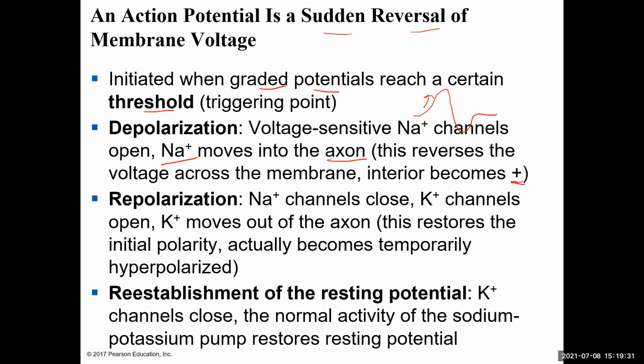After that happens, you get repolarization, where the Na channels will close, but then potassium channels will open. Those channels allow potassium to move out of the axon, and this brings the interior of the axon back to its negative voltage and restores that resting membrane potential. However, the channels don't close exactly when the resting membrane potential becomes minus 70.